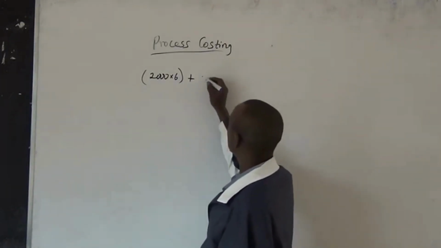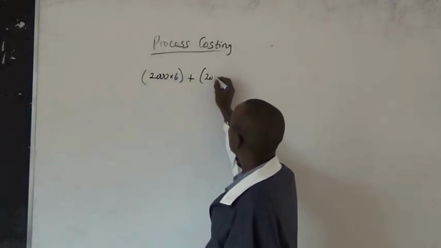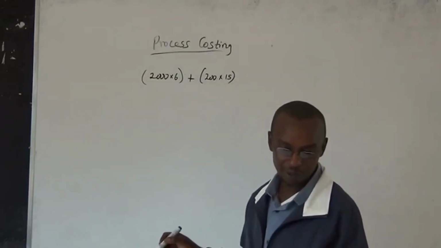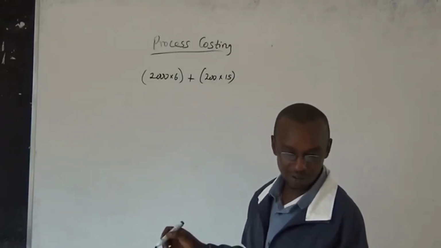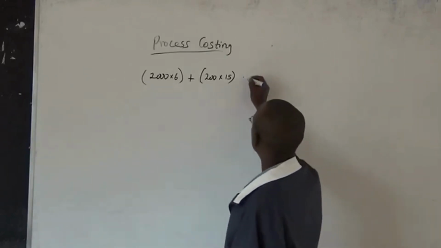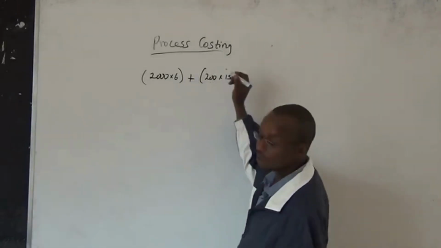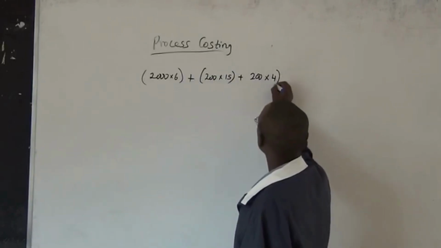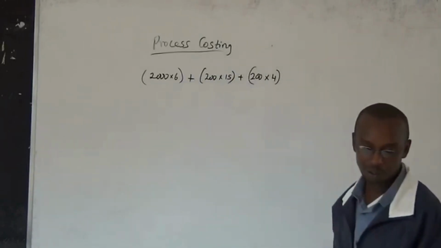That is labor. 200 times 15. Overheads are absorbed at a rate of 4 shillings per labor hour. So overheads will be what? 200 times 4. Is it clear up to that point? This is the input costs.